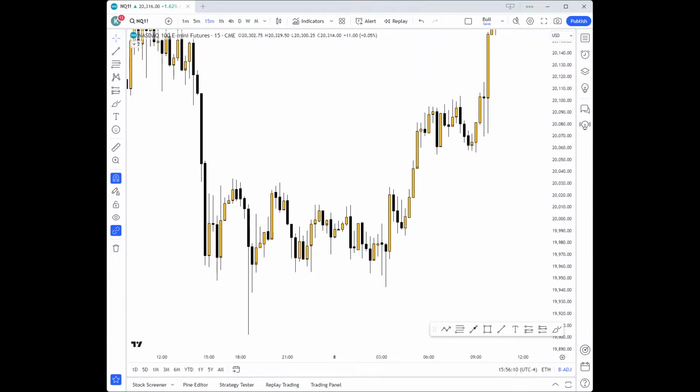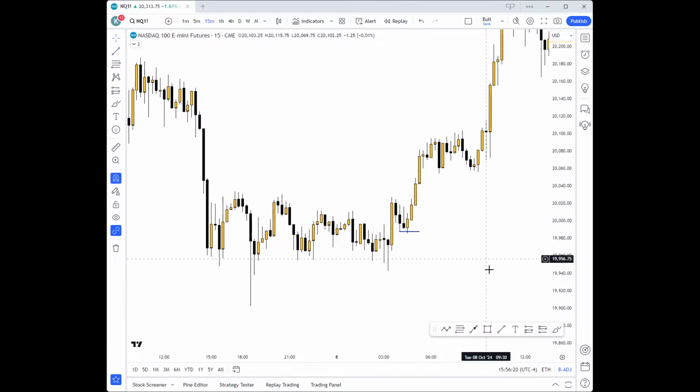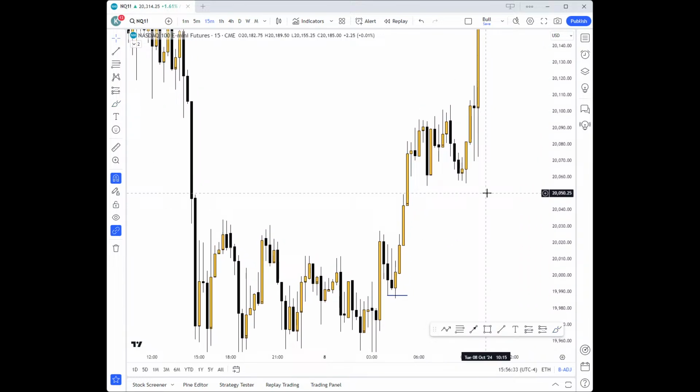And recall that we use the 15-minute chart for bias. So when you see 15-minute failure like this, even if you're waking up, you're rolling out of bed, whatever, and you see failure, essentially your target is this low.